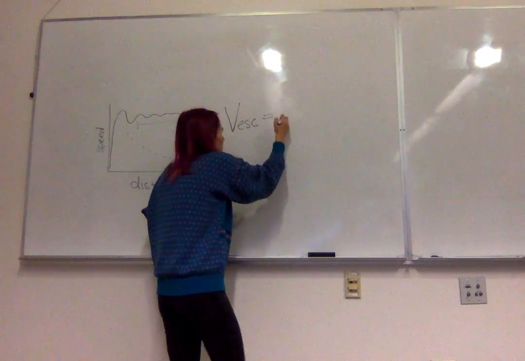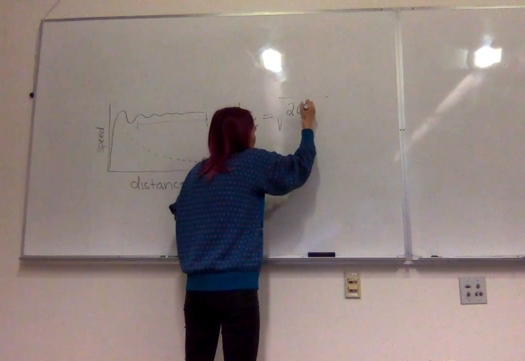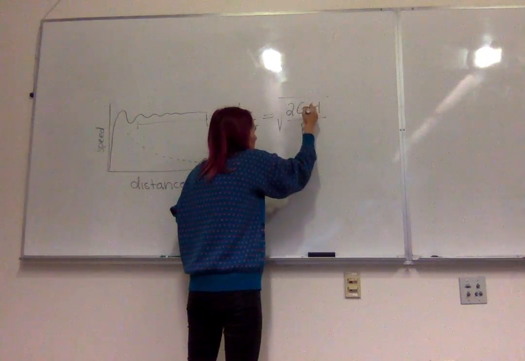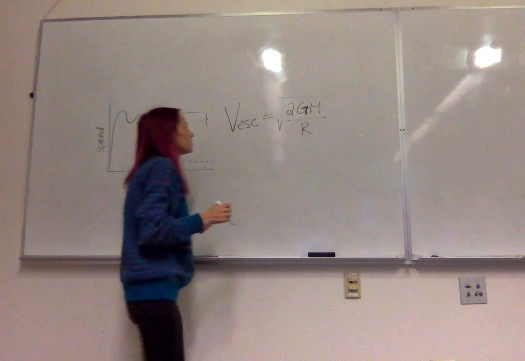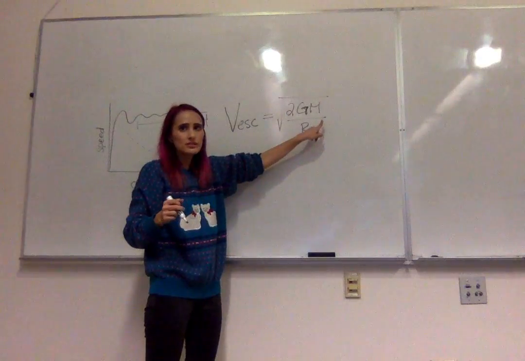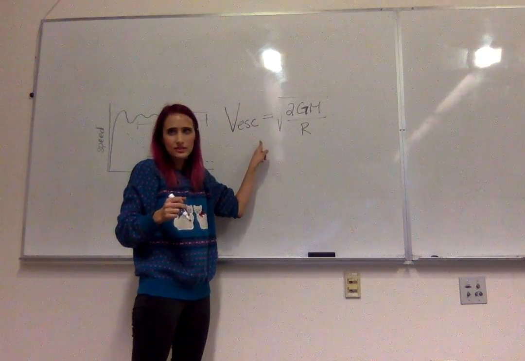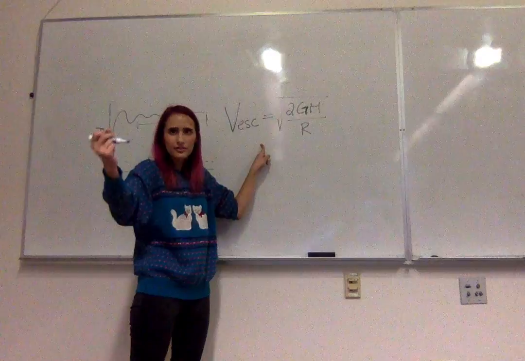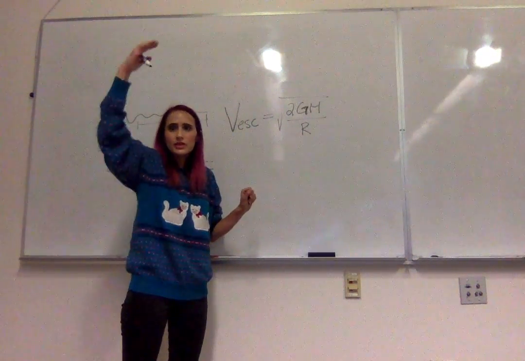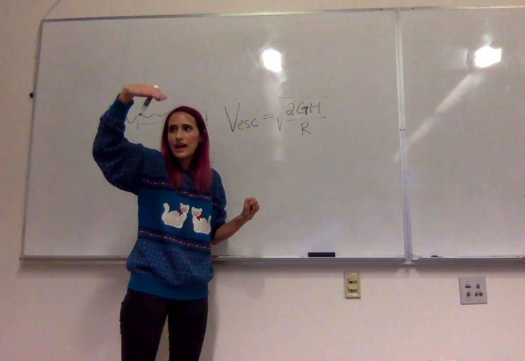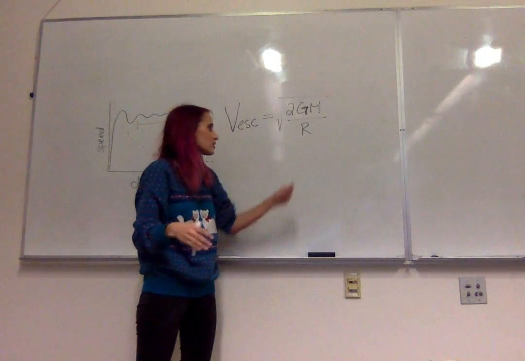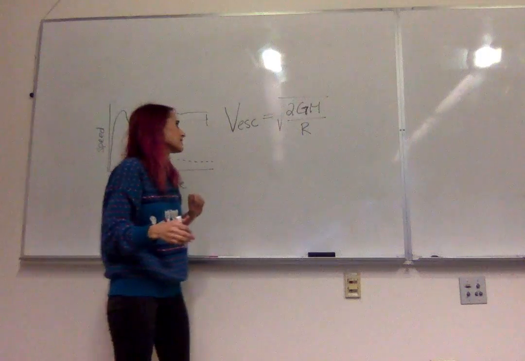So this is equal to the square root of 2GM over r. So G is a constant. So this formula tells us that as radius goes up, escape velocity goes down. The farther you are away from something, the slower you have to go to escape from it. So something in orbit around the Earth doesn't have to go as fast to get away from the Earth's gravity as something on the surface of the Earth, right? So radius goes up, escape velocity goes down.